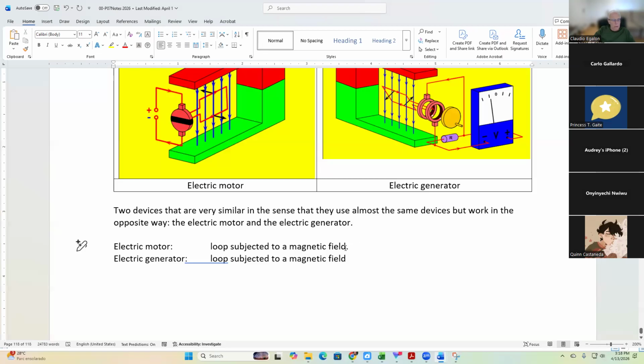Then what else? Input is an electric current, electric DC current. Okay, or electric energy.